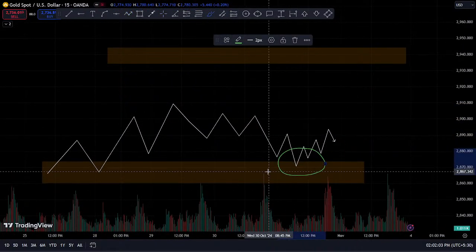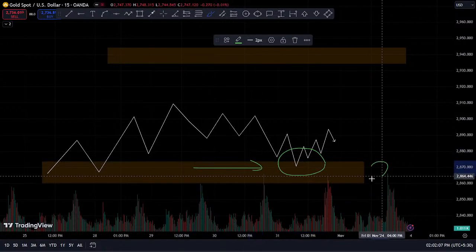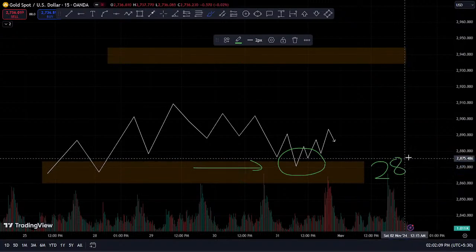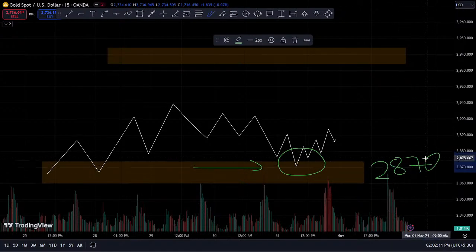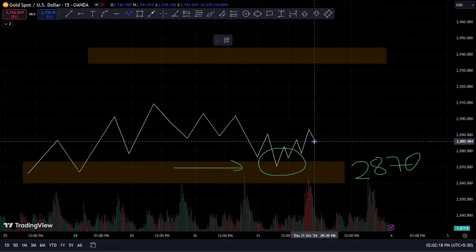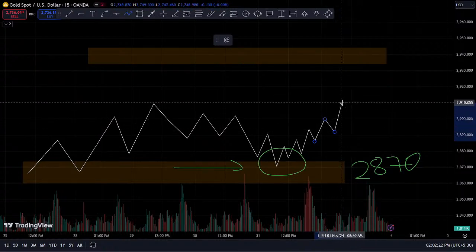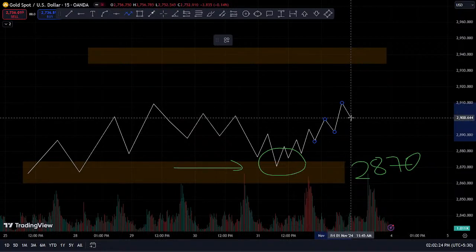More people are interested to buy at 2870. Why? Because they know that gold price will eventually grow with time, because it is a commodity. It is the most demanded commodity in the entire world.